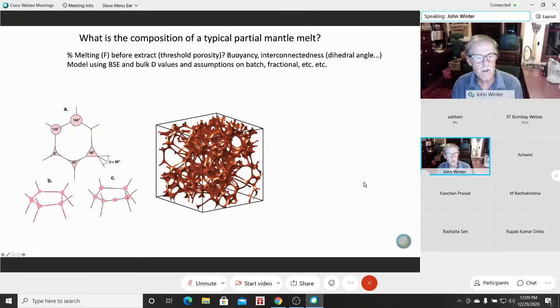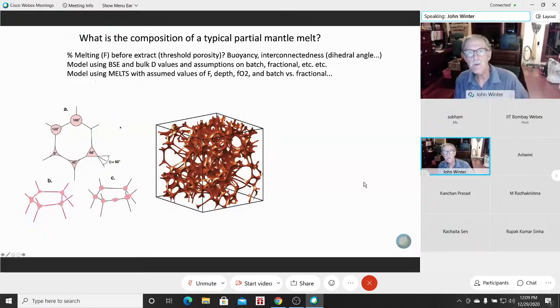So here's small dihedral angle, large dihedral angle. Here's small dihedral angle creating an interconnected network. Once that gets interconnected, as in this kind of a diagram, buoyancy takes over and the melts can rise and get removed from the solid behind.